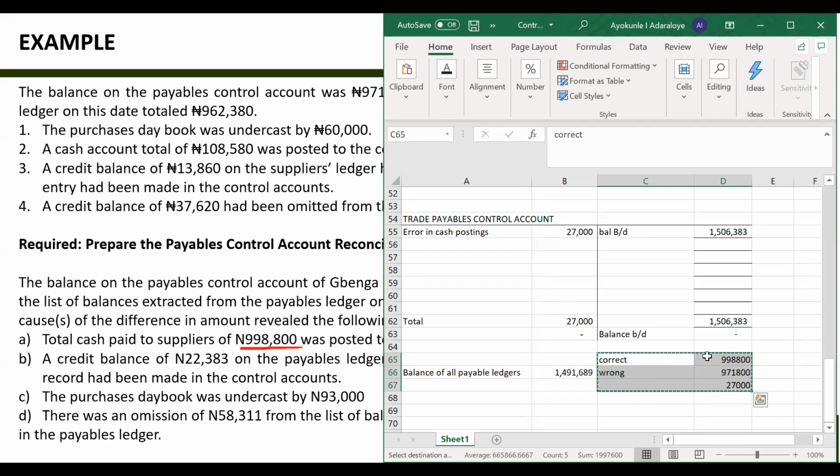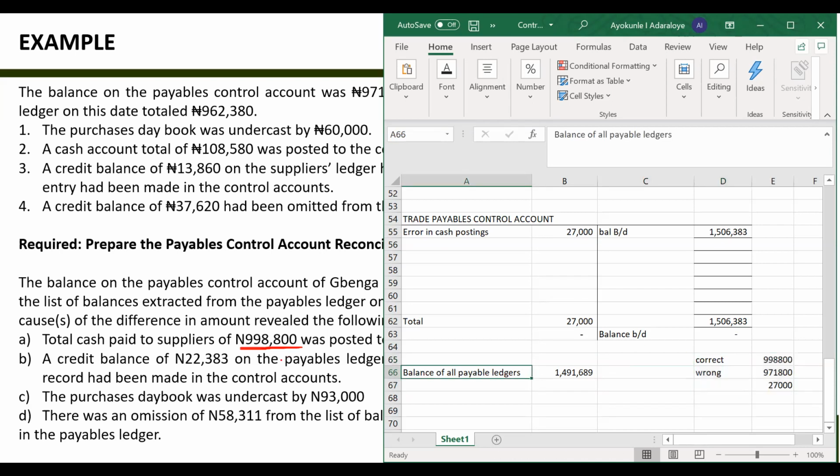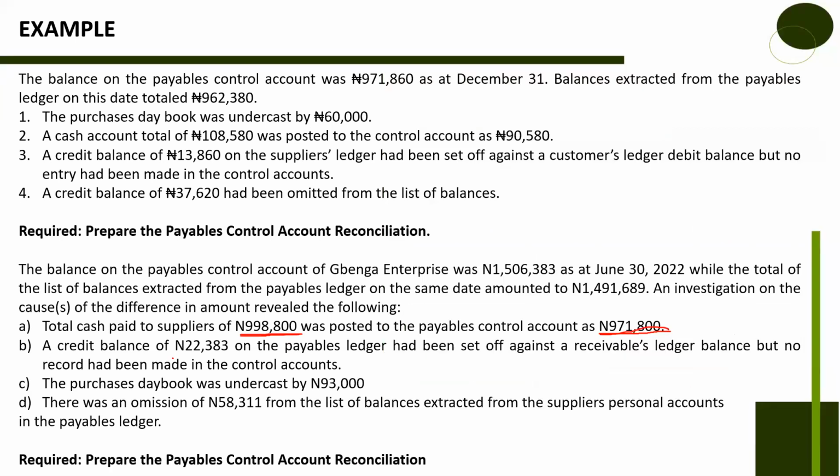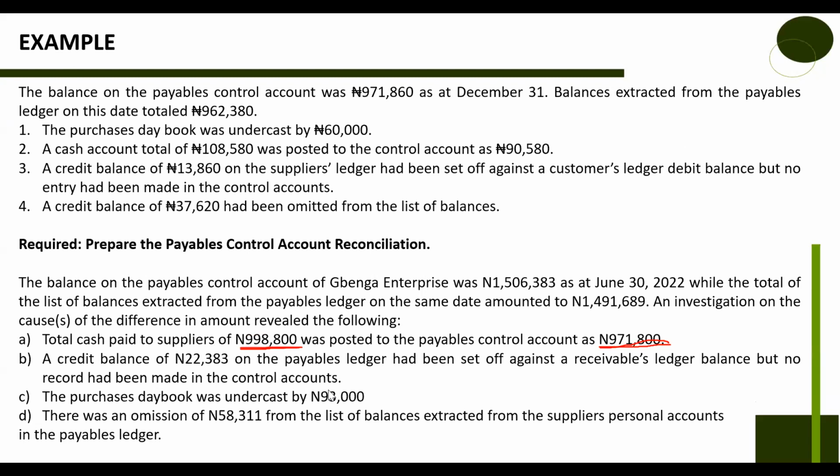Let me move this a little bit away from this. Now let's go back to the question. A credit balance of 22,383 on payable ledger had been set off against a receivable ledger balance, but no record has been made in the control account. They said a credit balance of 22,000 had been set off already, but it was not made in what?